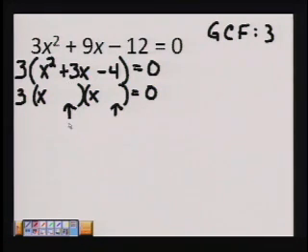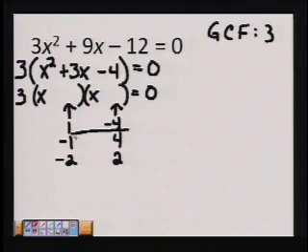Listing the factor pairs, we could have 1 and negative 4, or we could have negative 1 and positive 4. Either way, we get a negative 4 product. We also could have negative 2 and positive 2. Now we need to check the sums to find the one that adds up to 3. You'll notice this pair adds up to 3.